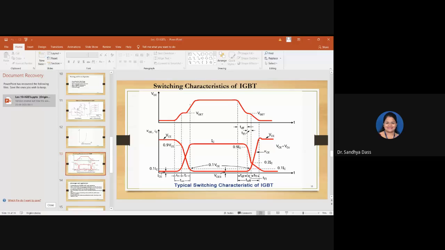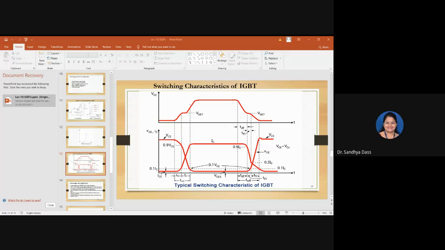So tell me, what is it that we look at when we are observing the switching characteristics? At the beginning of the session, I said, what is switching characteristics? What do we look at? Switching characteristics means? Yes, exactly, correct, Ligina. Thank you. It is nothing but T on and T off. That is the time taken for the device to turn on, that is switching from turn off to turn on condition.